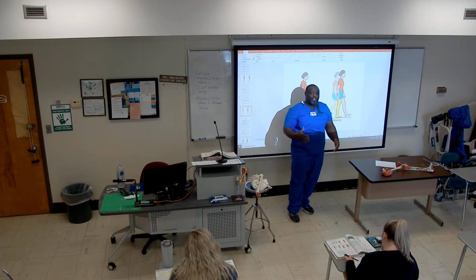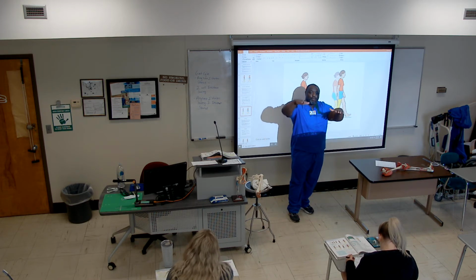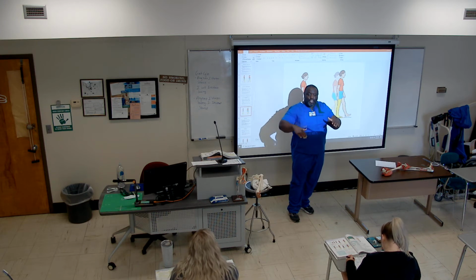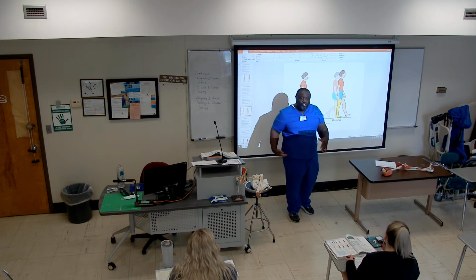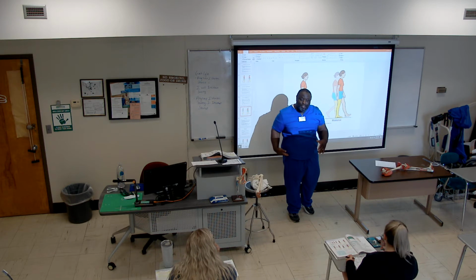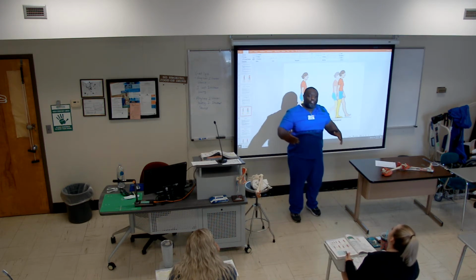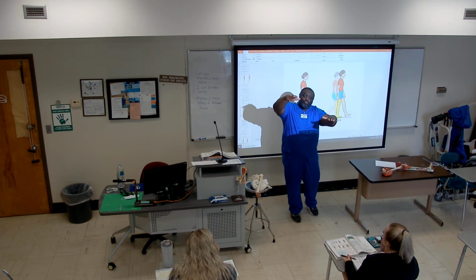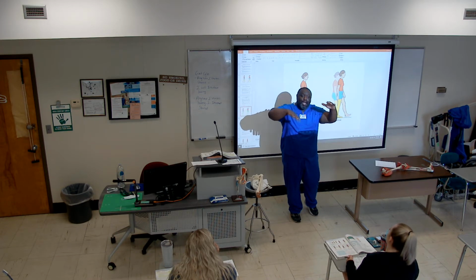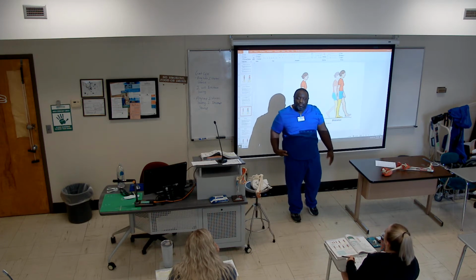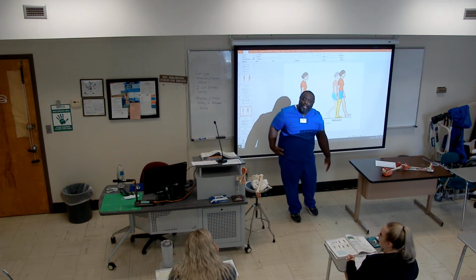That is what we call Trendelenburg. That's what's happening. Closed chain adduction on the stance side leads to swing side pelvis dropping. So my opposite pelvis is going to drop because my stance side is moving into closed chain adduction.